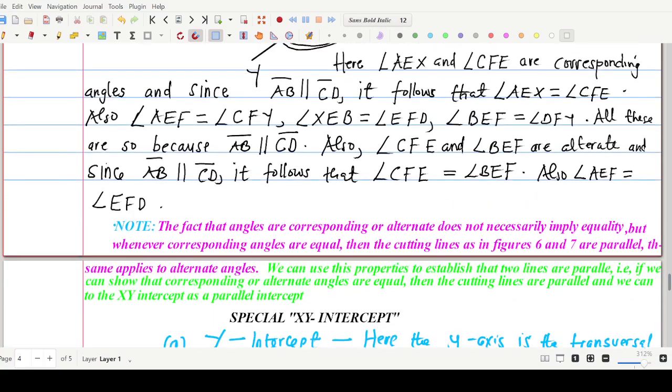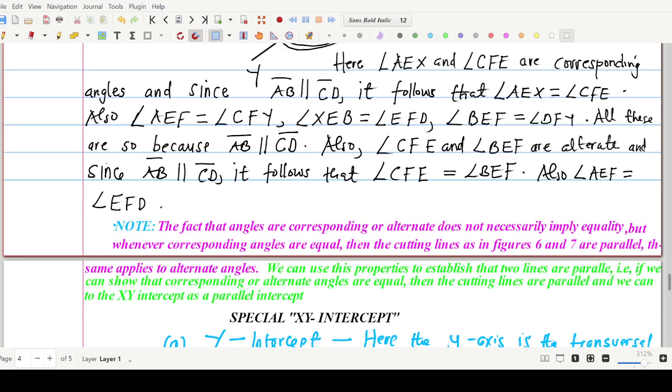Then here I said something. I said note, the fact that angles are corresponding or alternate does not necessarily imply equality. Can you see this part? Take note of that. Yes, I said that before.